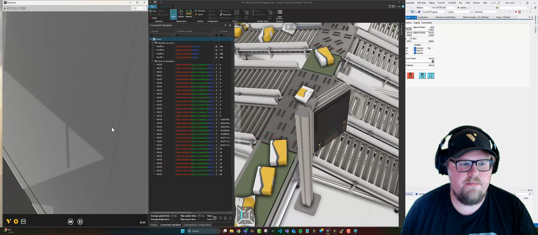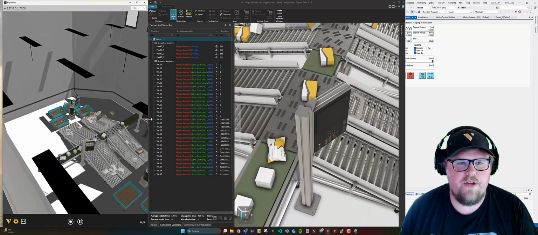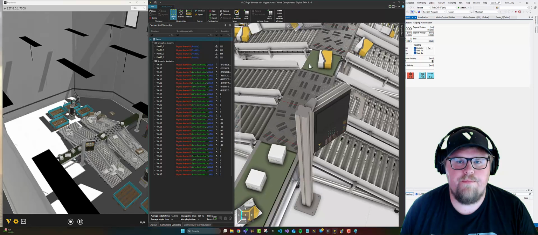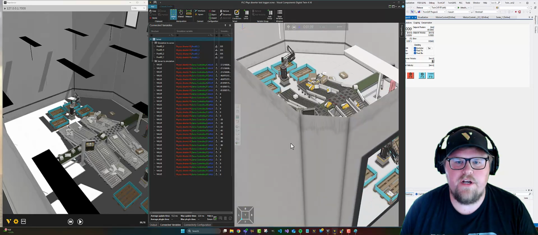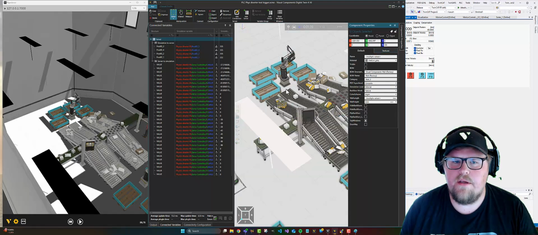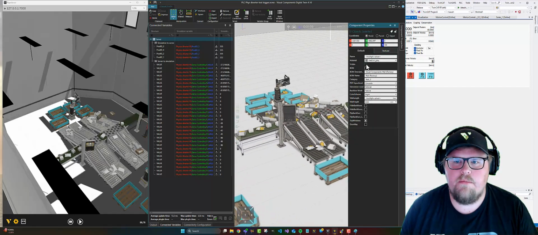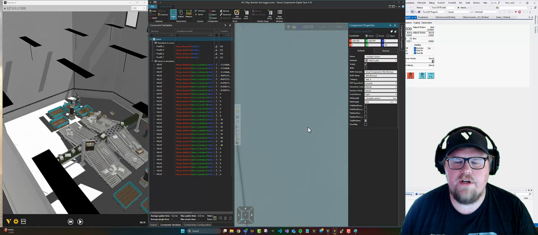Oh, I'm stuck behind a wall here. We could, for example, pause simulation here, and we could select this wall, and let's toggle off the visibility there, and we don't see it in the 3D world anymore. The visibility is not toggled here in experience.